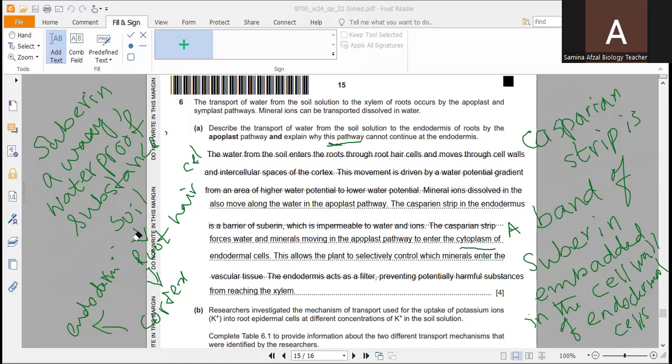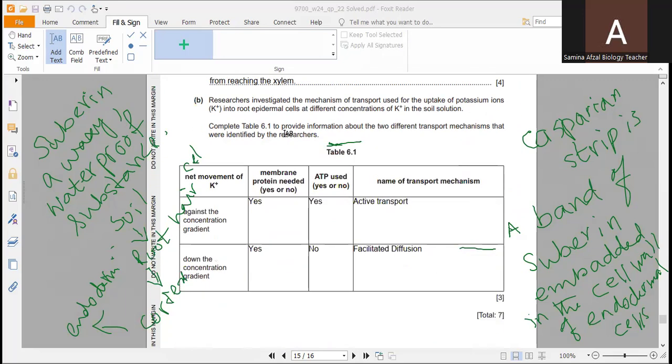This allows the plant to selectively control which minerals enter the vascular tissue. The endodermis acts as a filter, preventing potentially harmful substances from reaching the xylem. I hope you have understood the answer because I have also written it with explanation.